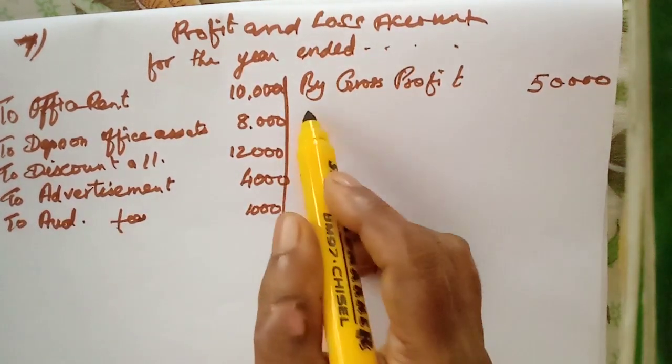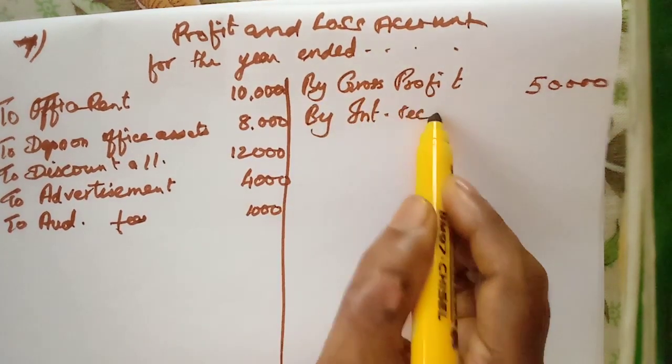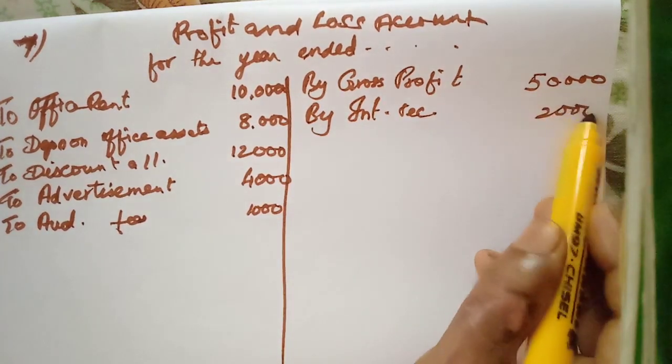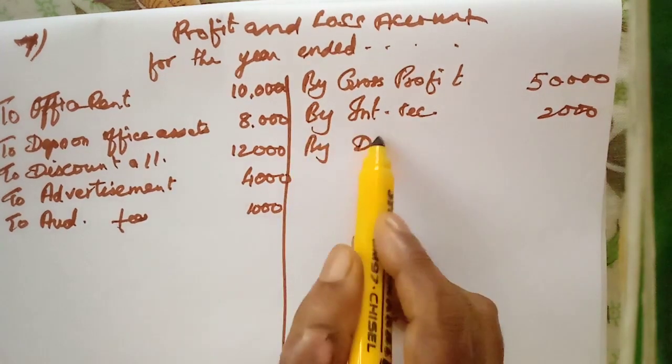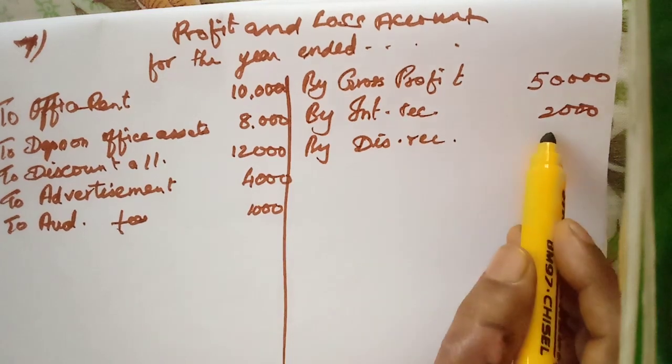Interest received, it is an income, so by interest received 2,000. Discount received 3,000.